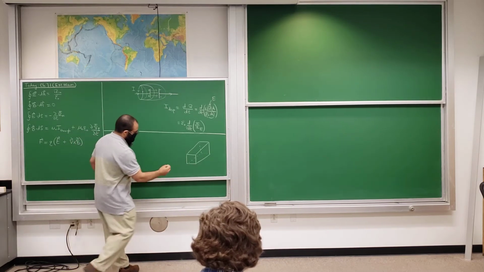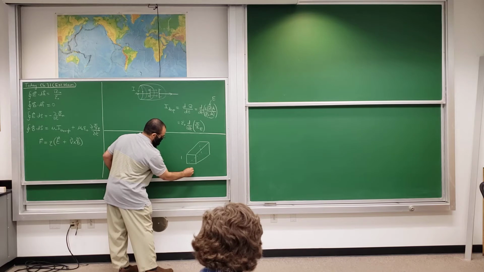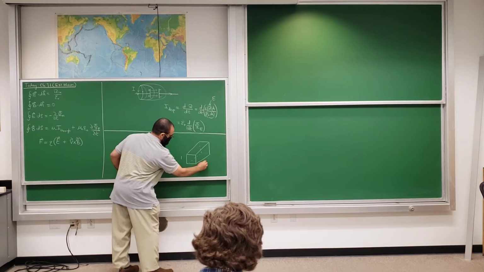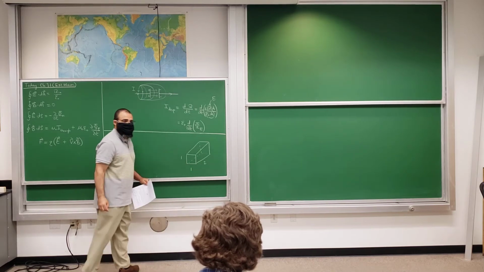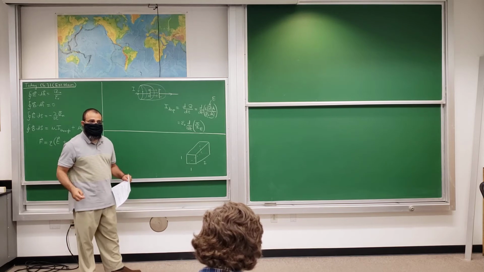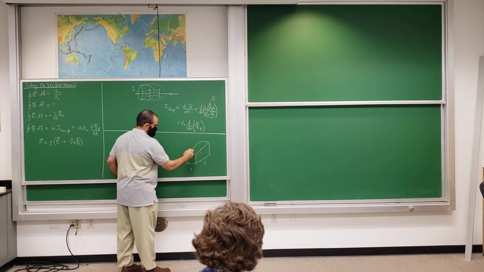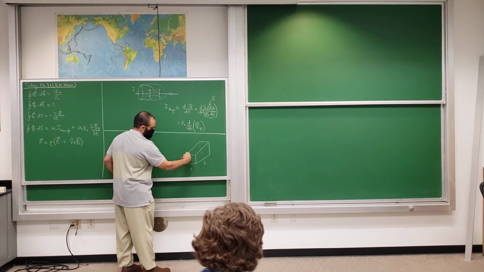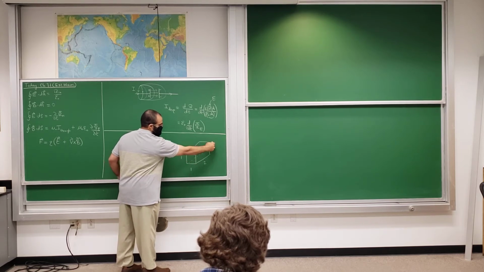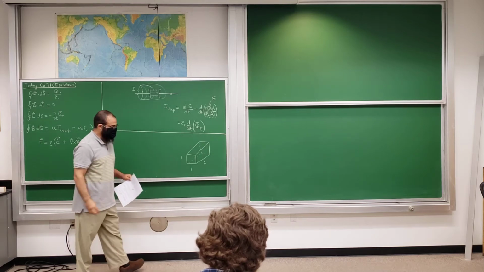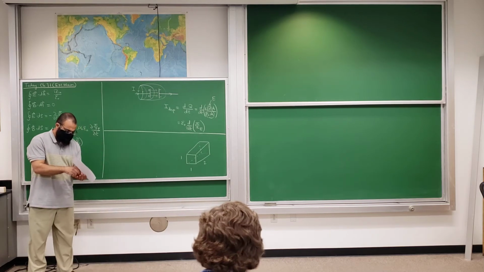The box is 1 centimeter this way, 1 centimeter this way, and 2 centimeters that way. So it's 1 by 1 by 2. So meaning the area of this side is 2, the area of that side is 2, the area of this side is 1, that side is 1, right? 1 by 1. And then they give you the following.